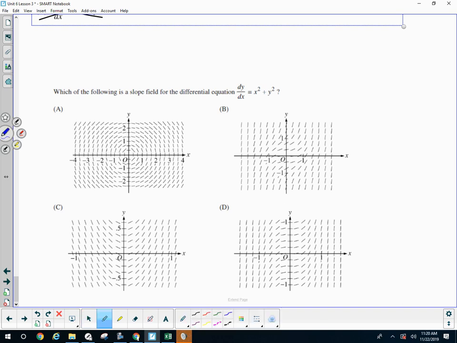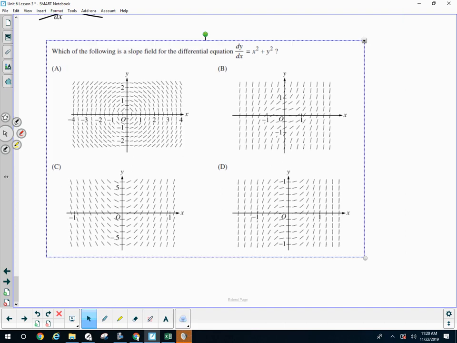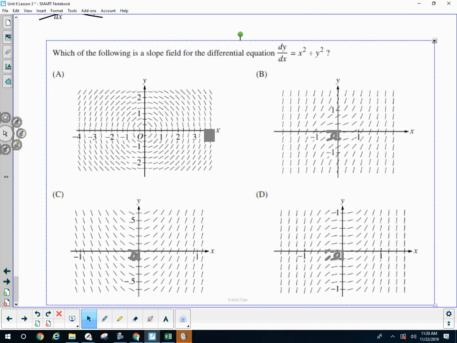This is on the notes still. Don't try to solve. Instead, pick points to plug into this one, and then you should see those slopes on these.